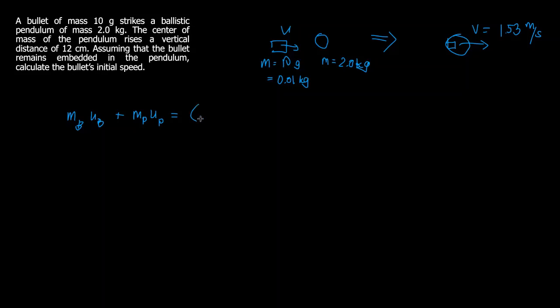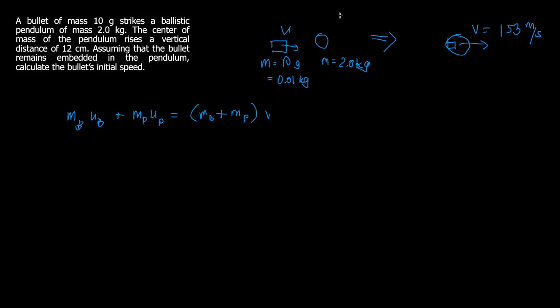So the total mass of the bullet plus the mass of the pendulum, that quantity, times the final velocity of the collision. That is what I call the center of mass. This is our center of mass and it moved at 1.53 meters per second. So technically, the center of mass is the total mass of the system, and its velocity is this V.